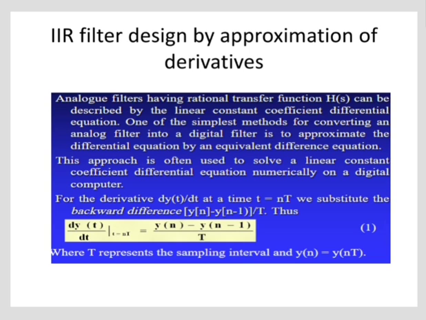For the derivative dy(t)/dt at time t = nT, we substitute the backward difference, where T represents the sampling interval: y(n) = y(nT).